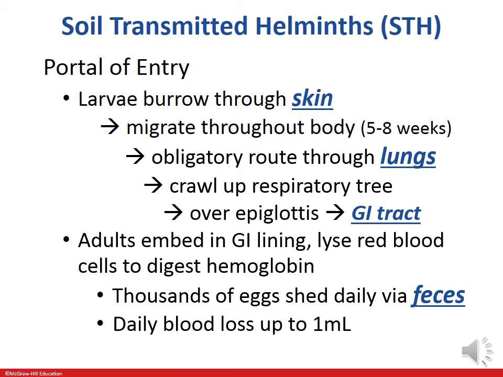So now the eggs hatch in the soil, and the larvae there in the soil can then reinfect the next person who comes in contact with it. But this 1 milliliter of blood loss a day might not sound like a lot, but keep in mind, menstruating women who are probably much more well nourished than some of these children in this part of the world will lose about 0.6 milliliters a day, but she will only lose that for about 5 to 7 days.